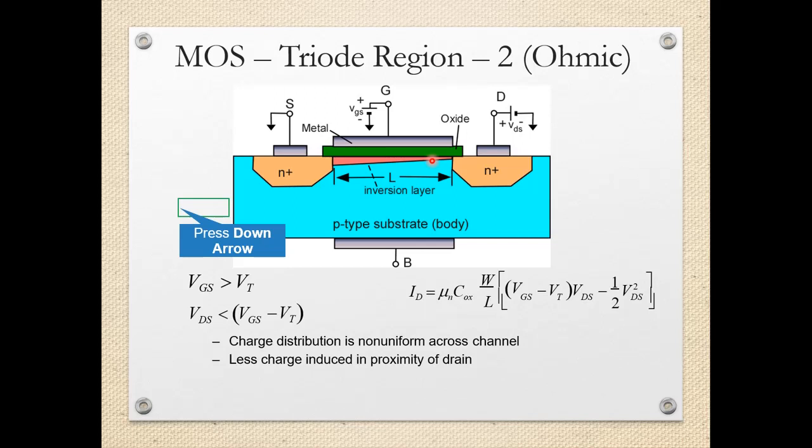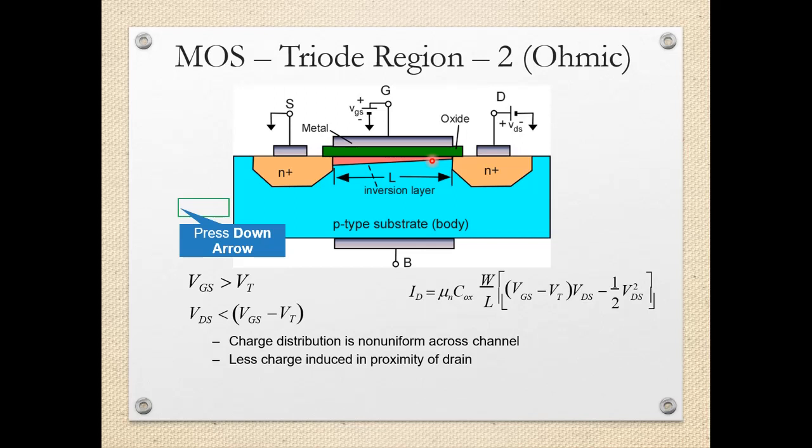Now we'll move towards the second region, that is also a triode region, but triode 2. It is also called as the ohmic region. Now as discussed earlier, in this ohmic region the value of VDS is further increased and it is now greater than 0.